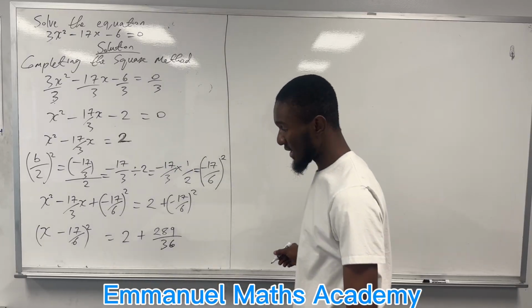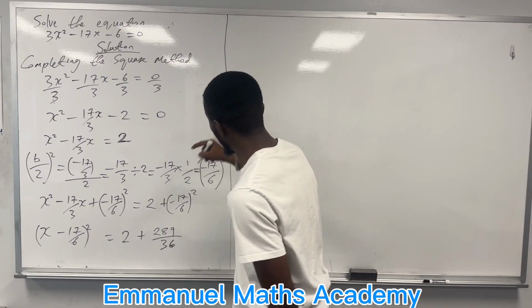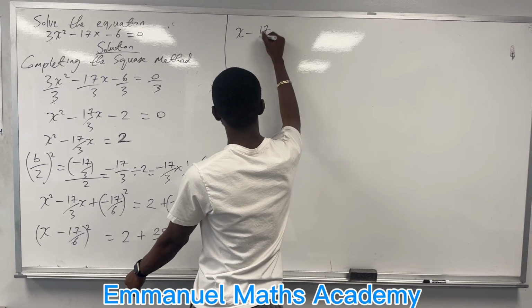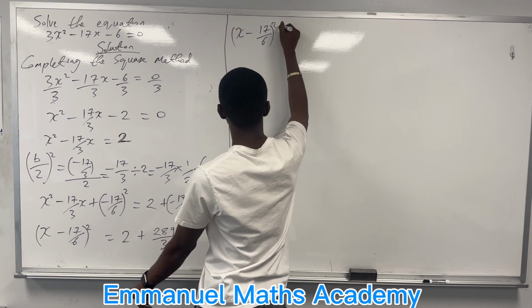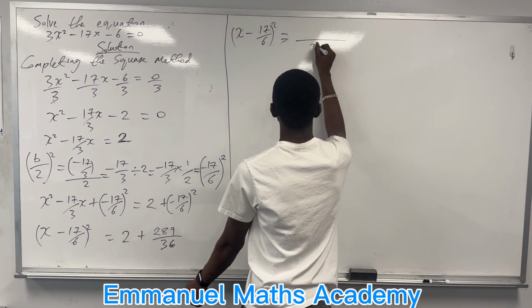If we simplify further, let's bring this down first: x minus 17 over 6 squared. Then for this side, the LCM is 36.